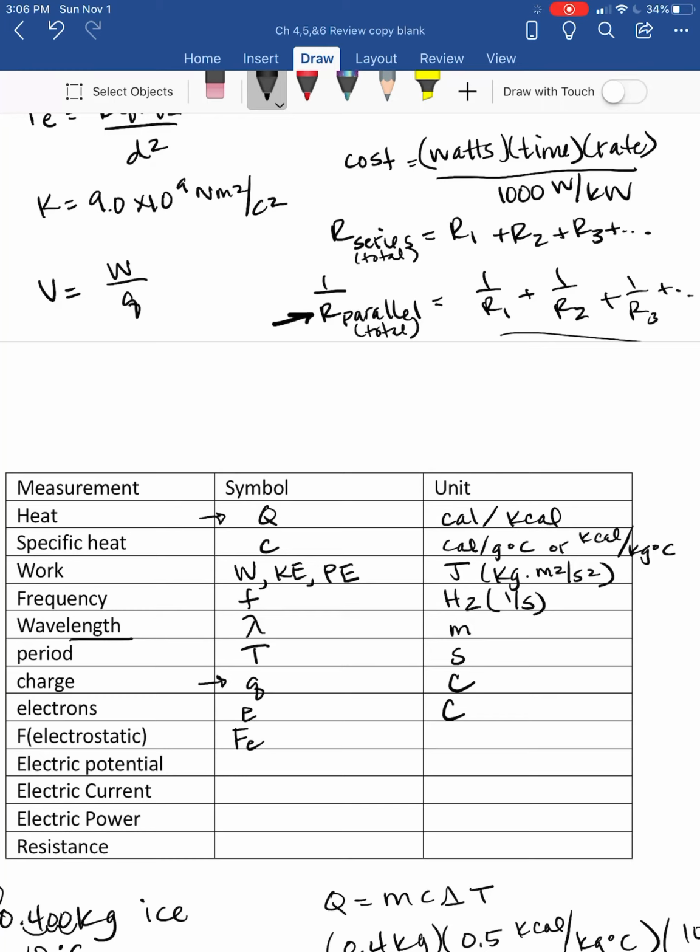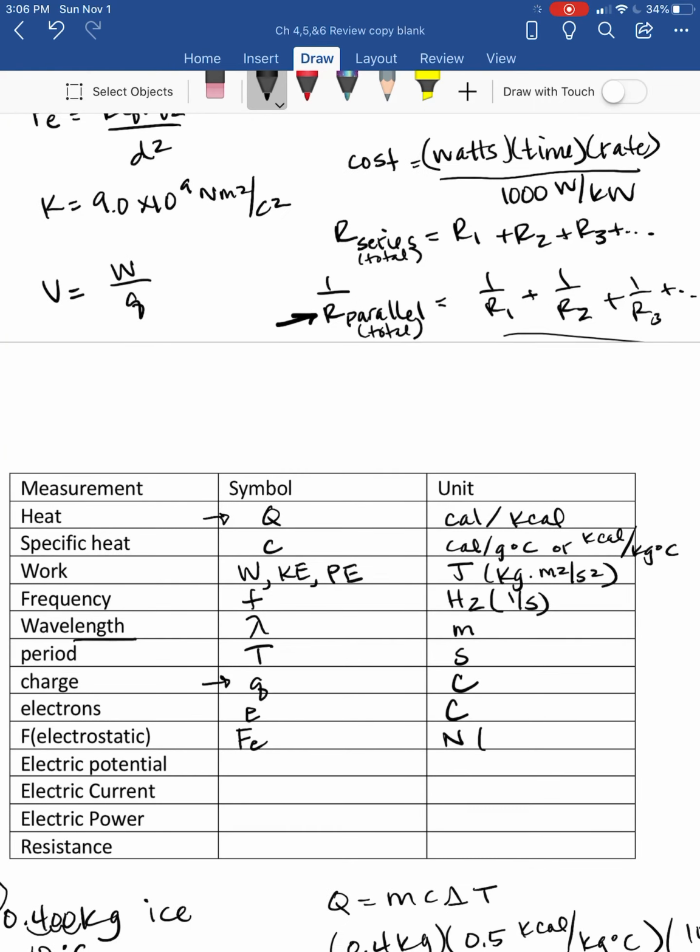Electrostatic force is just an F with a little e subscript, and since it's a force, it is measured as a Newton. And a Newton is a kilogram times meter per second squared.